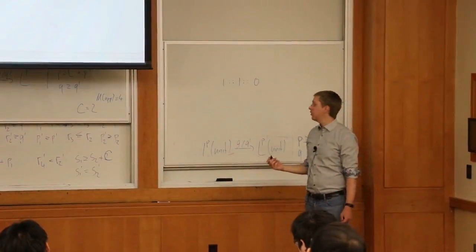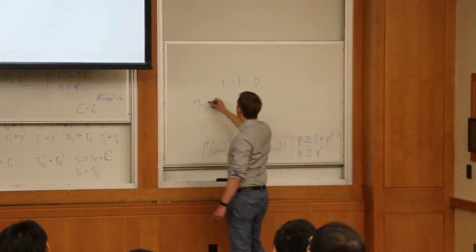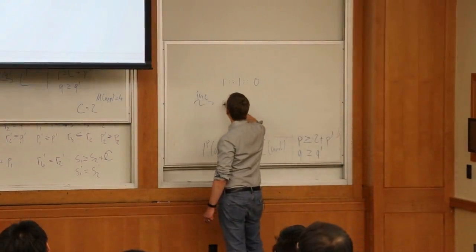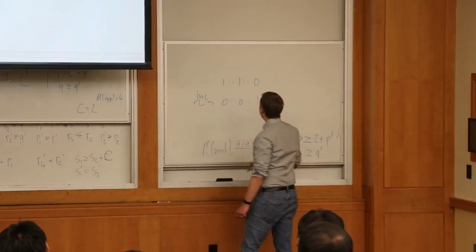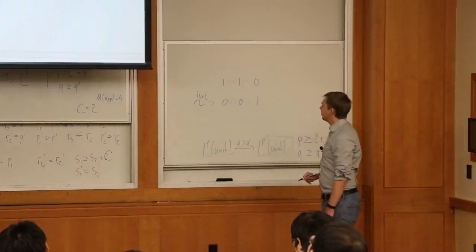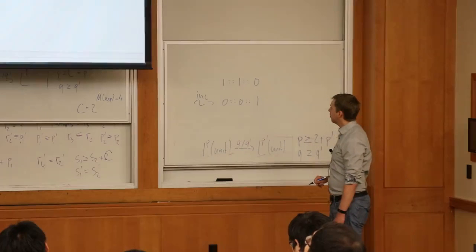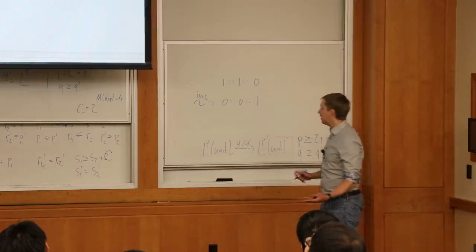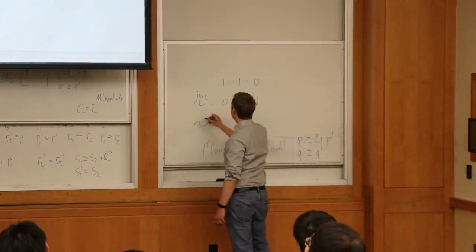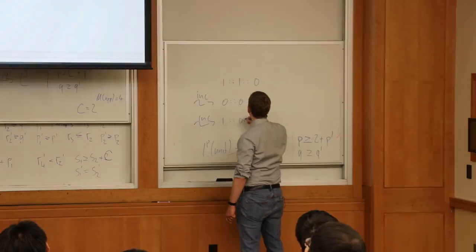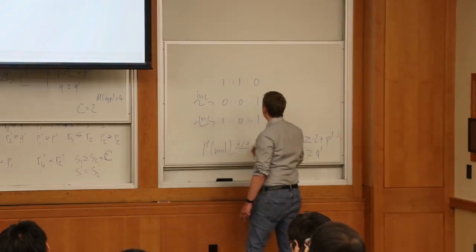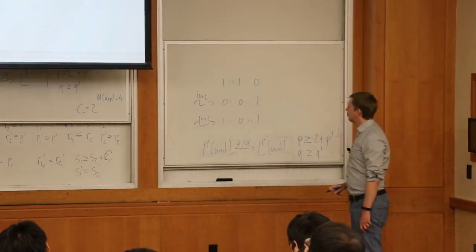Because you have to walk over the whole list. So you do an increment, and then you end up having 0, 0, 1. But then the next operation won't be so expensive, right? So there you only do one change. And so that's much cheaper.